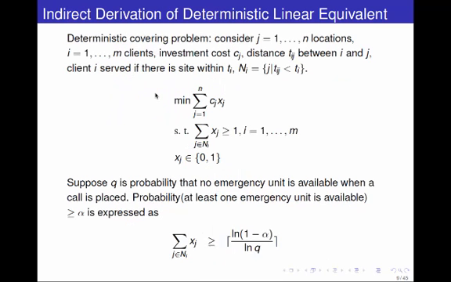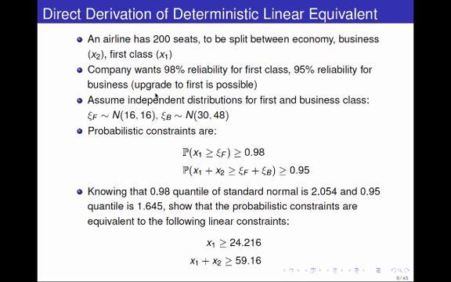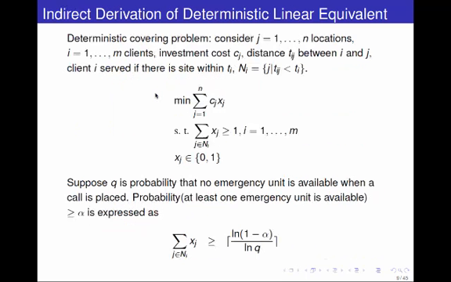And another example. Here the derivation was direct, just by deriving the expression for the standard Gaussian distribution. Sometimes you have to play a bit to get a formula that's linear in the decision variables, and here's another example of that.